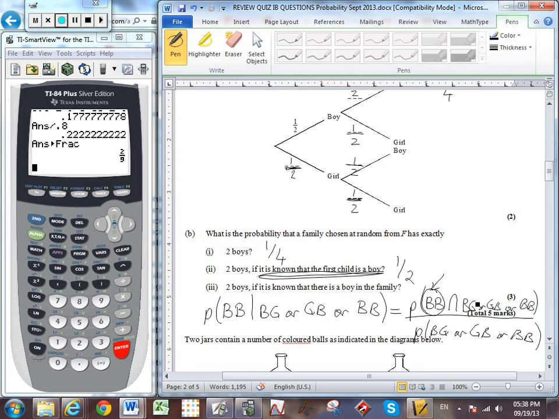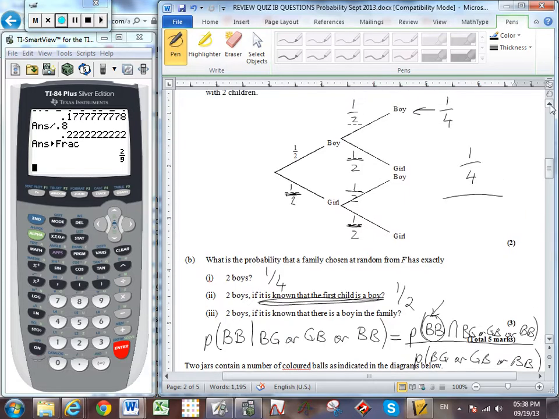So our numerator then just becomes 2 boys, 1/4. And so we've got 1/4. What are we dividing by? Well, we're looking at boy-girl or girl-boy or boy-boy. So we better add those 3 possibilities together. Here's the boy-boy, here's the boy-girl, and here's the girl-boy. So let's add up those 3 probabilities, which is 1/4 plus 1/4 plus 1/4.